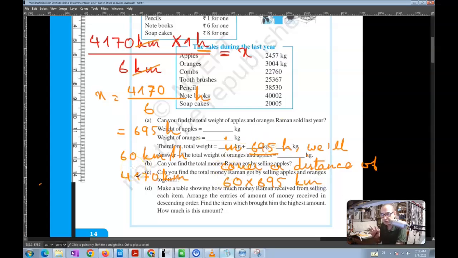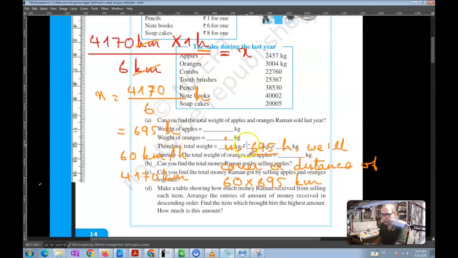So I repeat this: if you have a speed of 60 kilometers per hour, that means in 1 hour you cover a distance of 60 kilometers. Now we have calculated 695 hours.